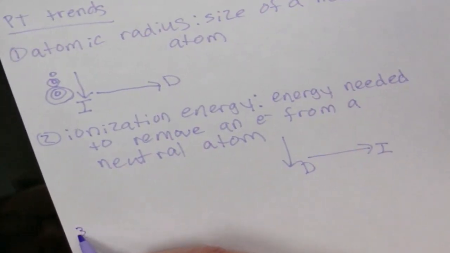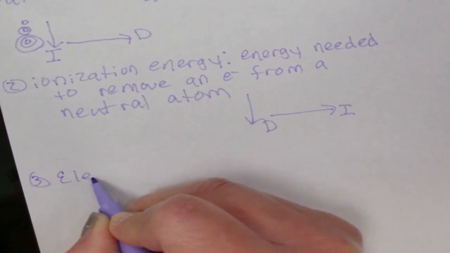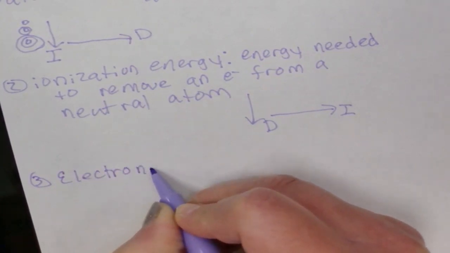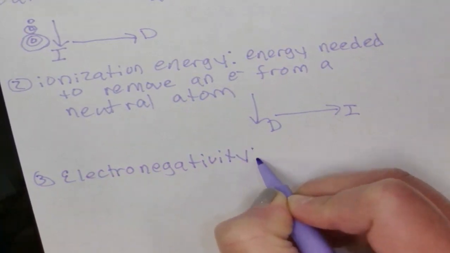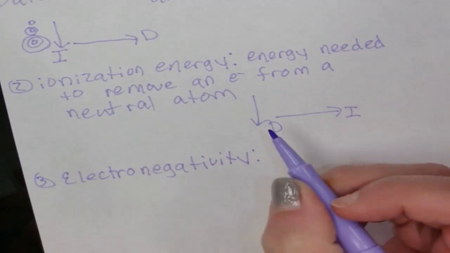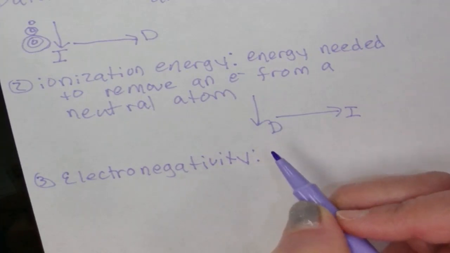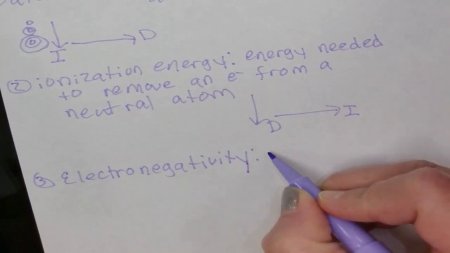All right, our next one is going to be electronegativity. What is electronegativity? Electronegativity is how much an atom in a molecule attracts electrons.